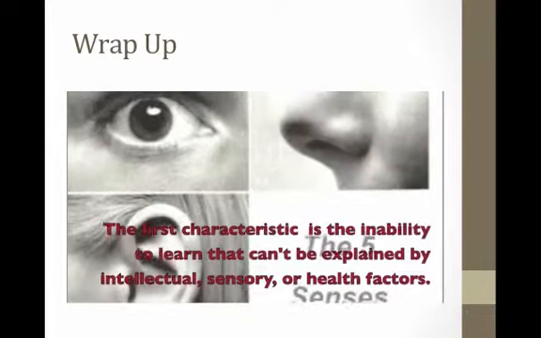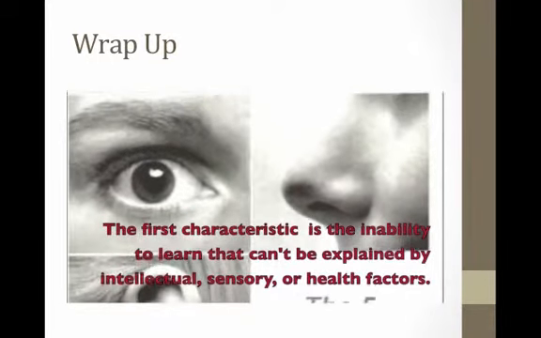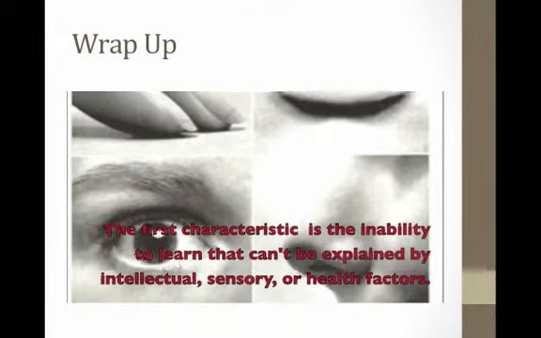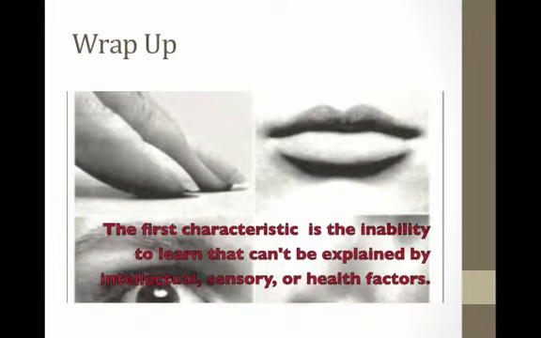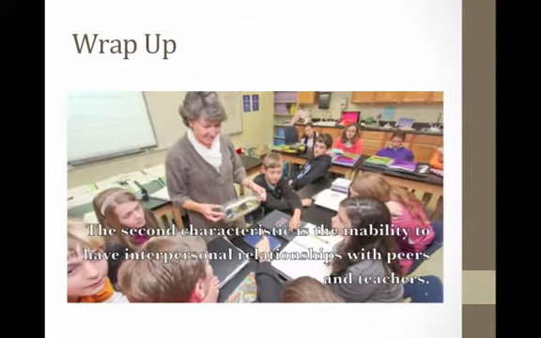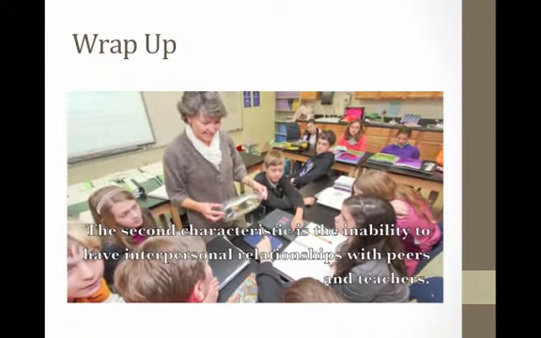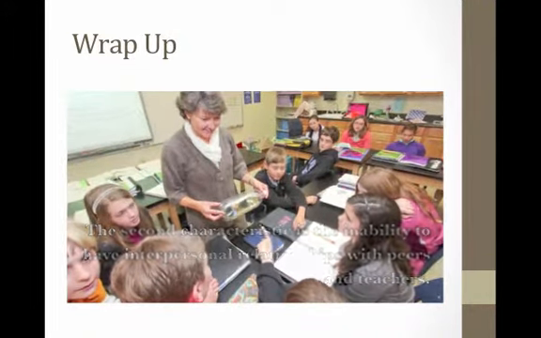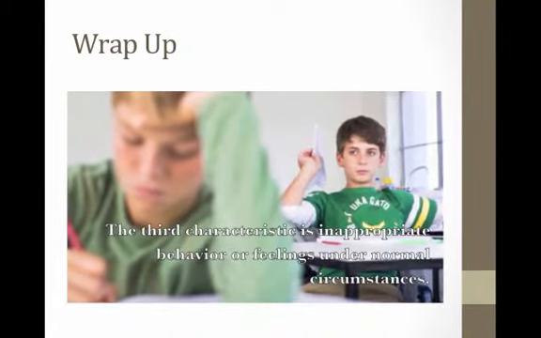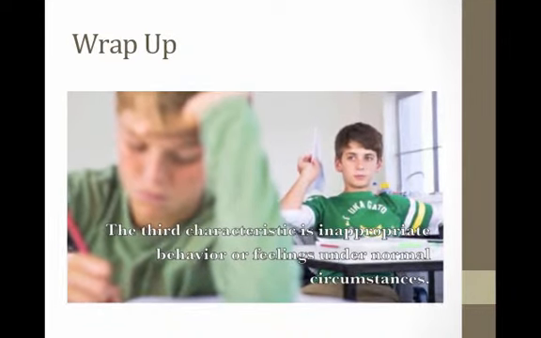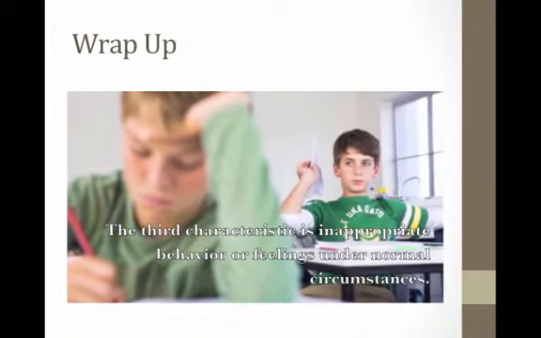The first characteristic is the inability to learn that can't be explained by intellectual, sensory, or health factors. The second characteristic is the inability to have interpersonal relationships with peers and teachers. And finally, the third characteristic is inappropriate behavior or feelings under normal circumstances.